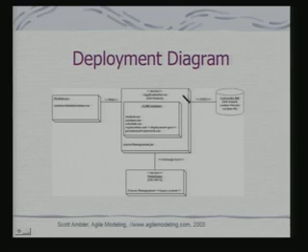This is a way in which you can represent even a distributed embedded system, although the example I am showing here is not strictly an embedded system; it is a general distributed computation application.